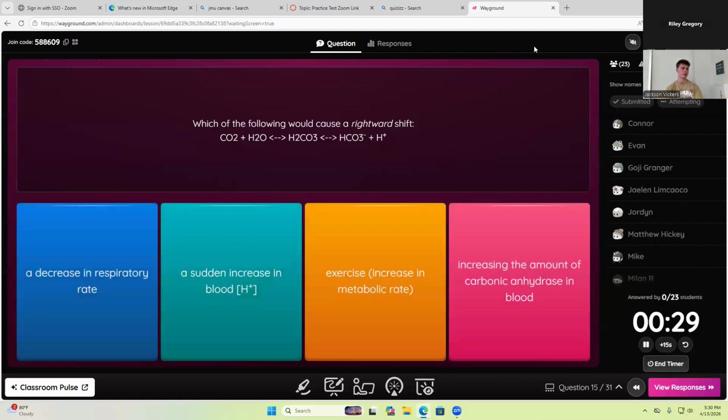So here's another one with the bicarbonate buffer. Oh, I think I wrote this one wrong. I'm sorry, guys. I meant for it to say leftward. That's on me.